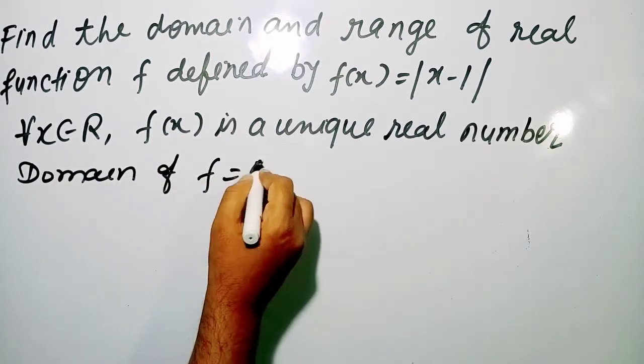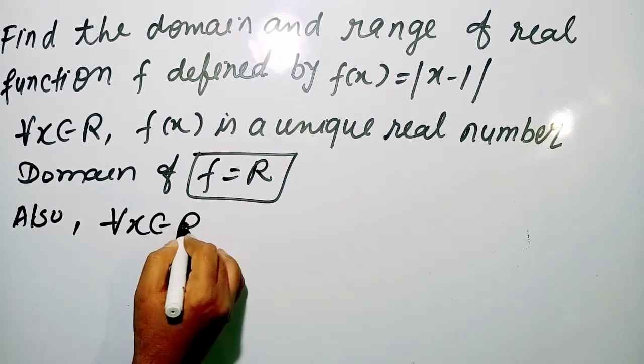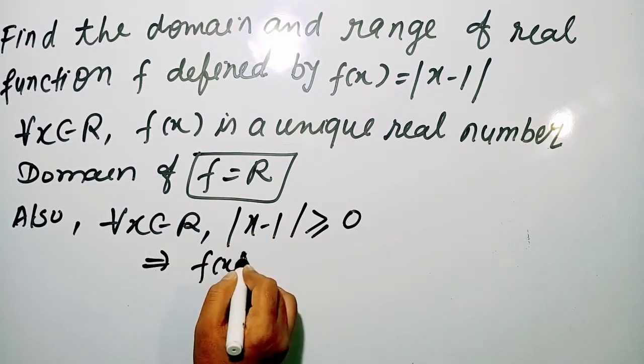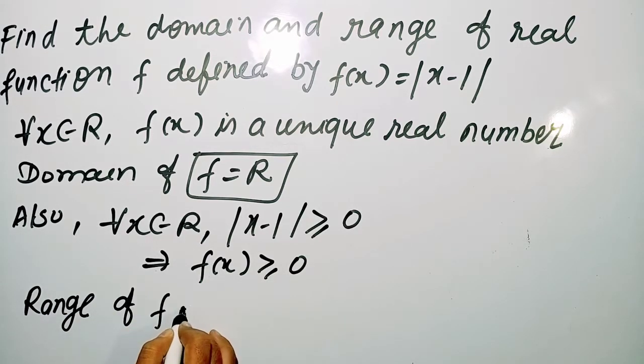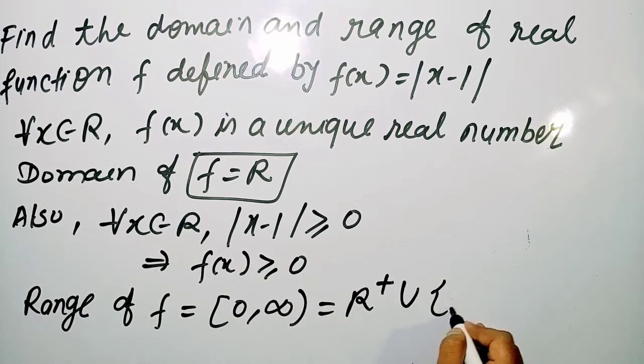So domain of f will be R. Also, for all x belongs to R, modulus x is greater than or equal to 0, so f of x is greater than or equal to 0. So the range of this function is the interval [0, infinity), meaning R plus union the set {0}.